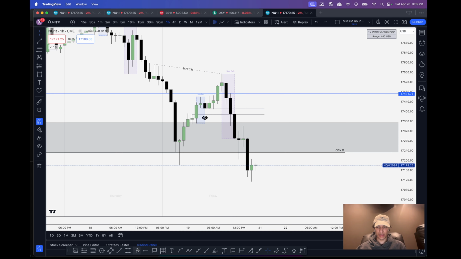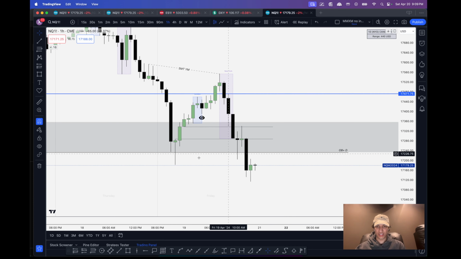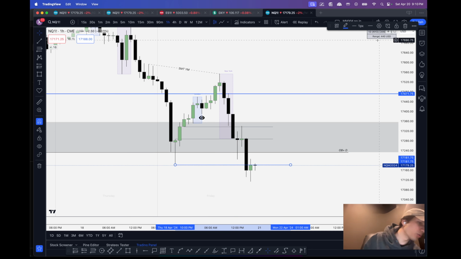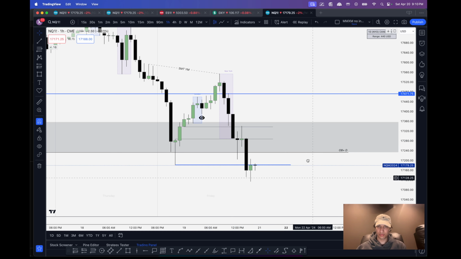And then in addition, we get another displacement below this bullish fair value gap, coming into the PM session. So now in the PM session, I have my bias, which is going to be delivery into sell side liquidity. As you can see, this sell side liquidity in here is the target or our draw on liquidity. So I will mark that out with this blue line.